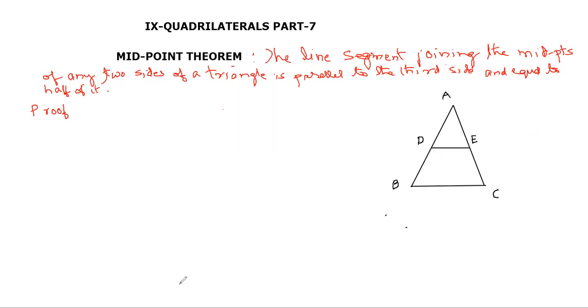Okay, this line DE is produced, and then from C draw a line such that CF is parallel to BA. This is BA.